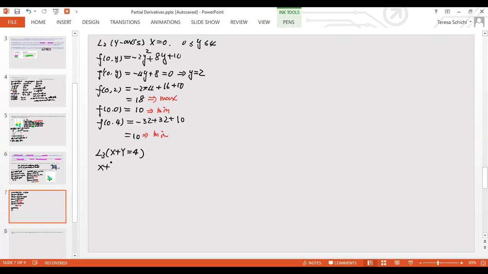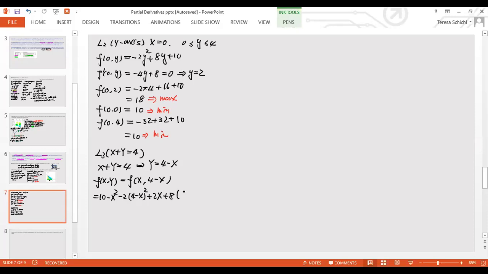Since x plus y equal to 4, y is equal to 4 minus x. Now I substitute y equal to 4 minus x into the function, which is 10 minus x squared minus 2y squared, plus 8y.